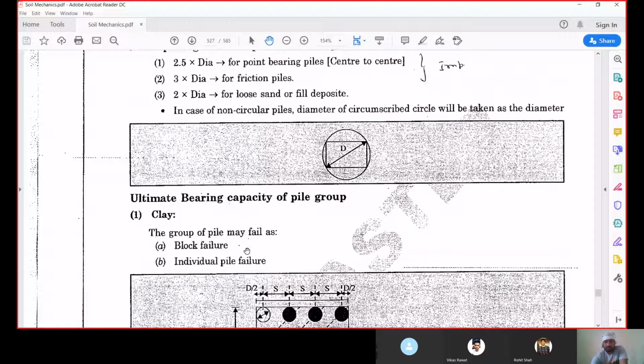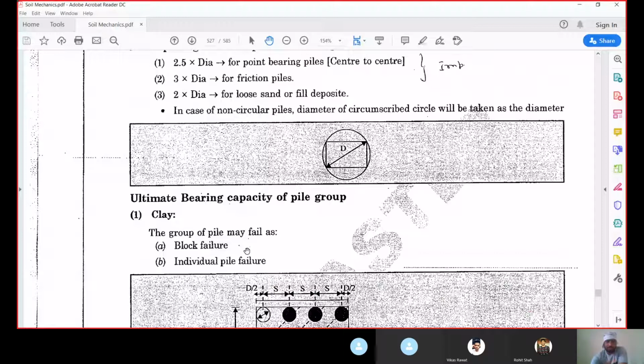Find out the entire width of this group of piles. What you will be doing is multiplying 3 times the spacing plus diameter. So B will be equal to 3s plus d.